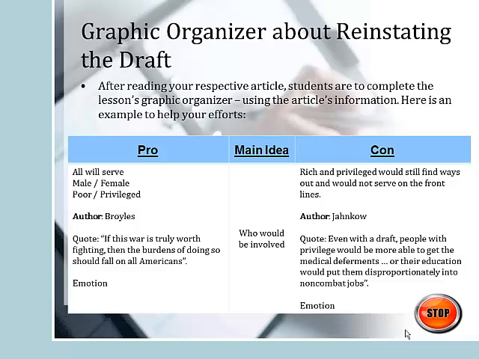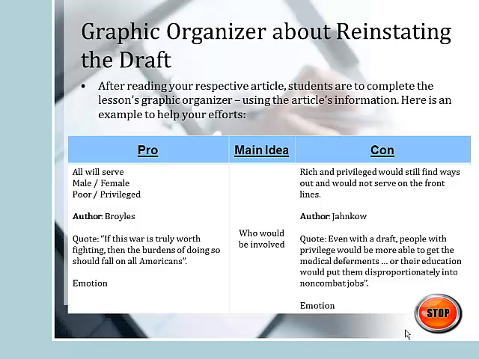With the example I gave you here, if I was using the author Jankow's article, which says, for those who believe we need a draft, this particular person gave a reason why they're opposing the draft, because they think the rich and privileged would still find ways to avoid going to war. And I even found a quote that says, even with a draft, people with privilege would be more able to get the medical deferments, or their education would put them disproportionately into non-combat jobs.